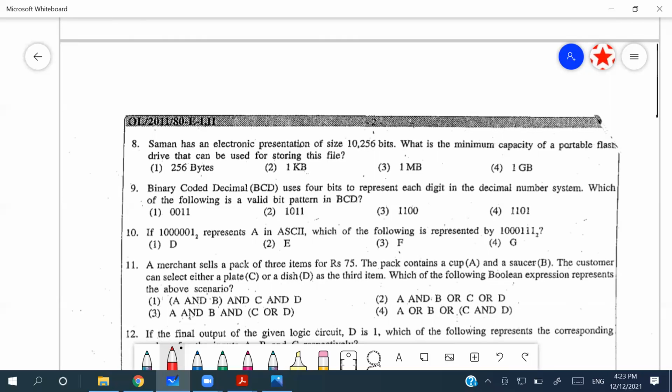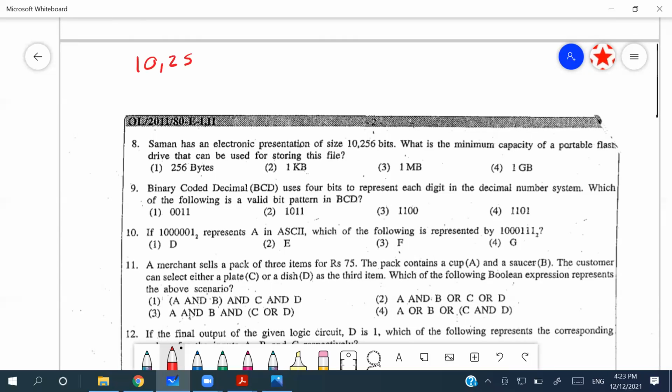So they are asking the minimum capacity that is needed to store this thing. It's 10,256 bits, people.